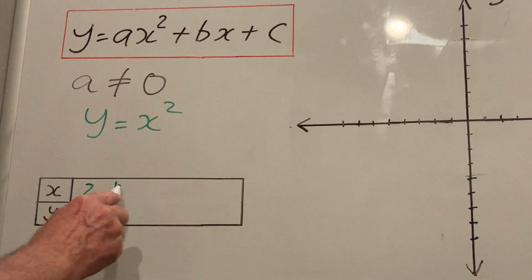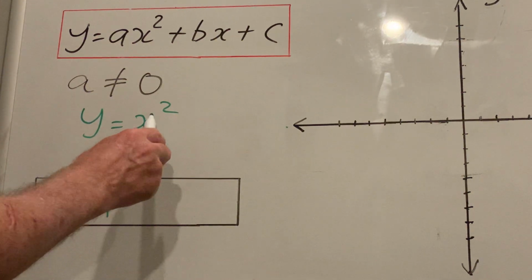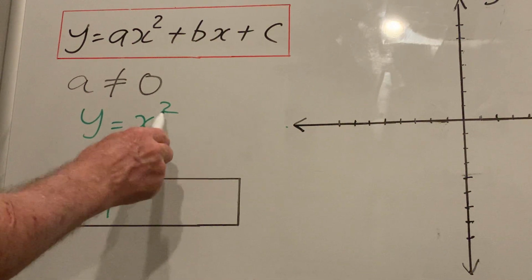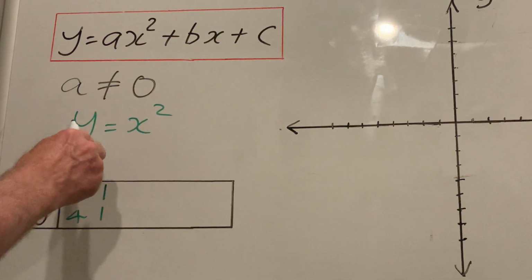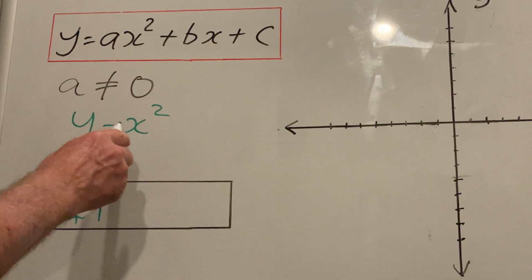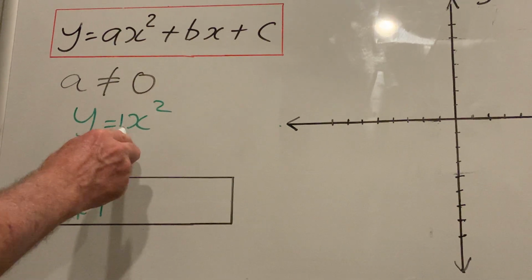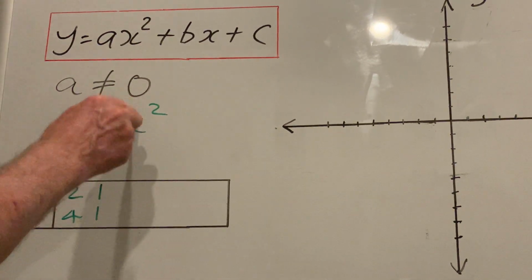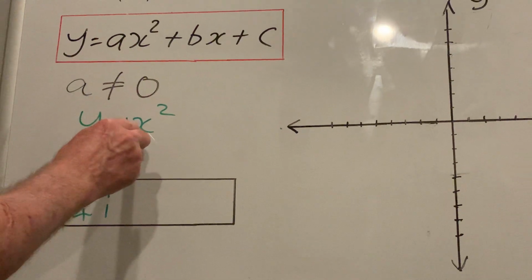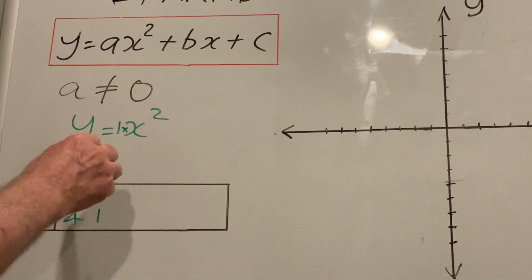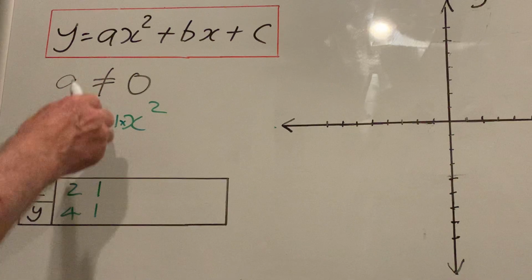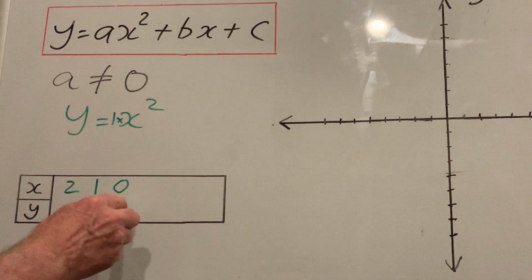When x equals 0, 0 squared is 0. Don't forget, in this case, a equals 1. A does not equal 0. So x equals 0, y equals 0. So we have 0, 0.